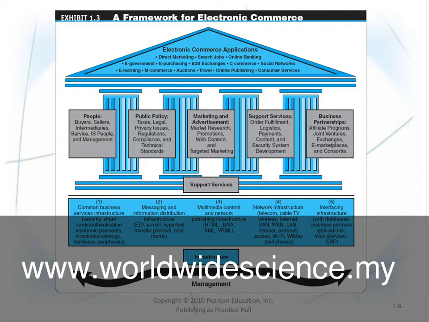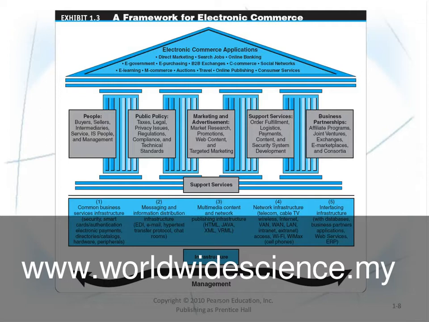some technologies like this. And the next step, you need multimedia content and network publishing infrastructure like HTML, Java. These are infrastructure you need to establish your business online. And the other thing is network infrastructures like telecommunication system, cable TV, wireless, internet, WAN, LAN, Wi-Fi, WiMAX.